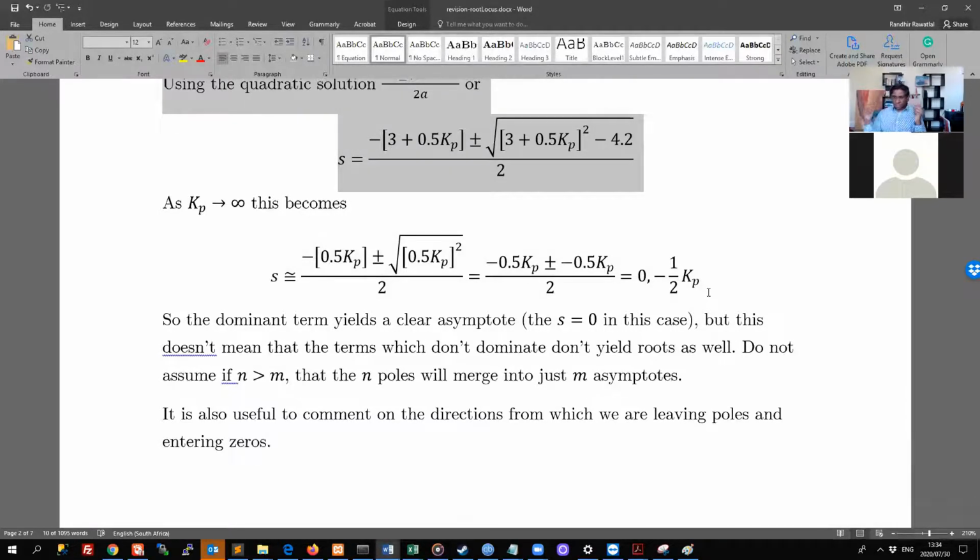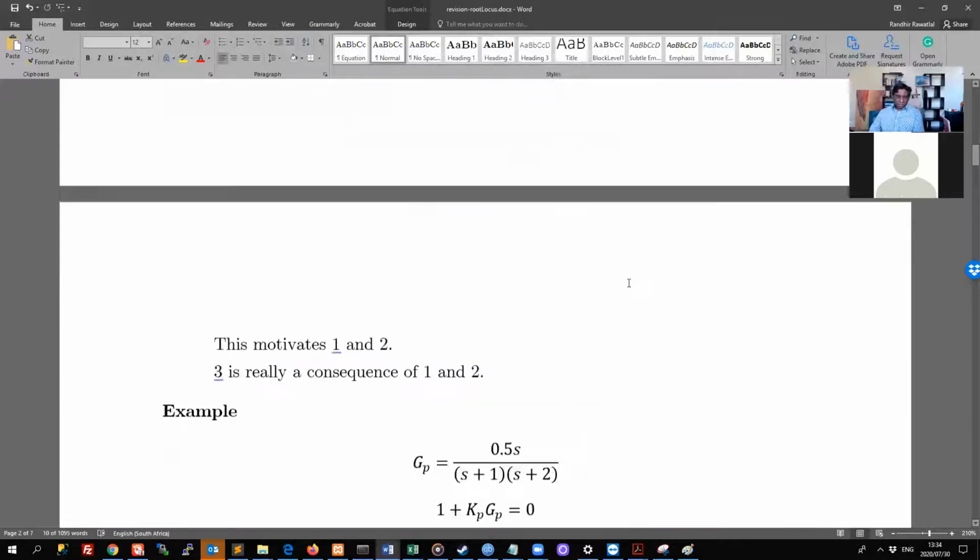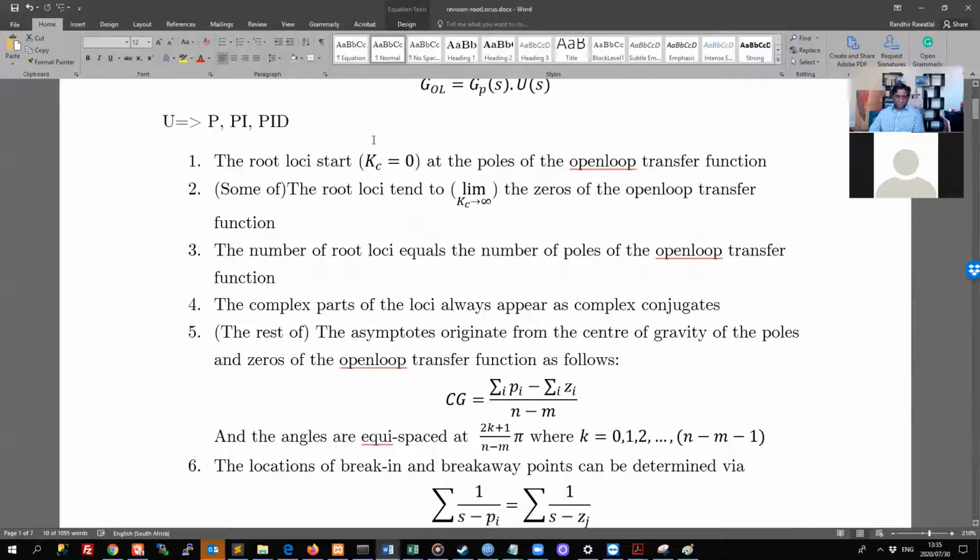So we can get the start points and the end points, and then it's a matter of looking at what's happening in between. So as we say, we can generate what's happening in between by writing the equation out like this. So I just want to come back here to the principles for plotting these root locus diagrams.